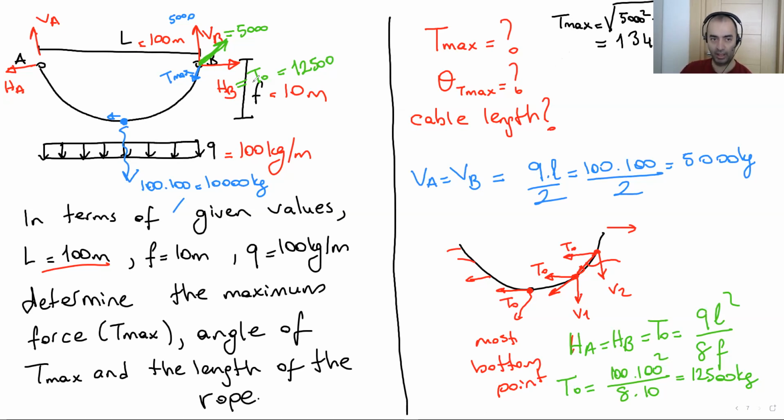Okay, theta T max. Here we go. Theta T max is the arc tangent of 5,000 over 12,500.